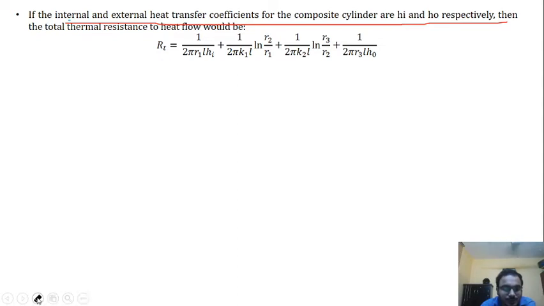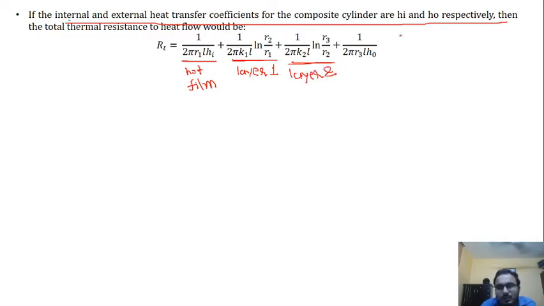So here, if you see, this portion, this resistance is for the hot film, this is for layer 1, this is for layer 2, and this is for the cold film.